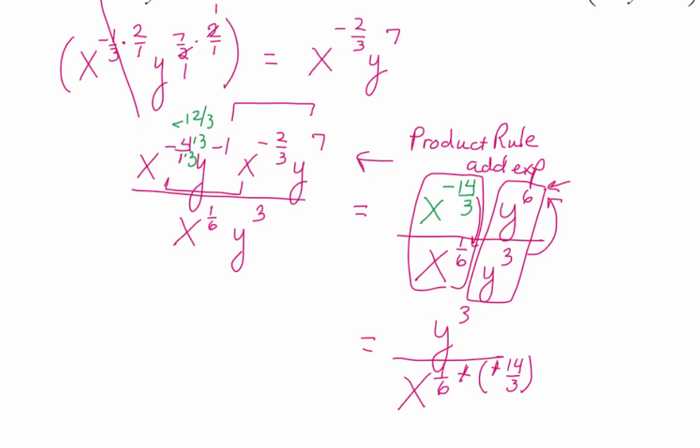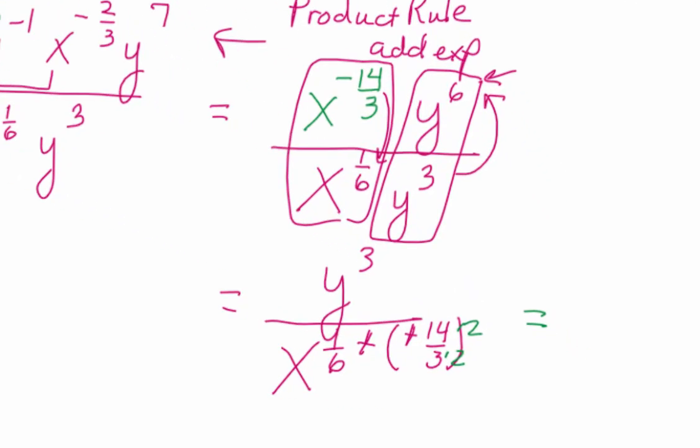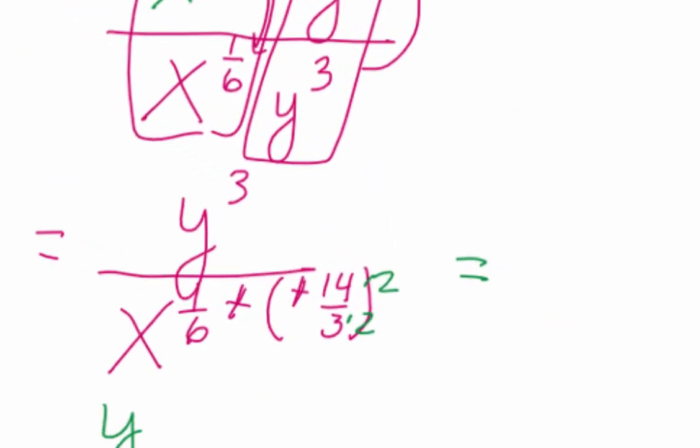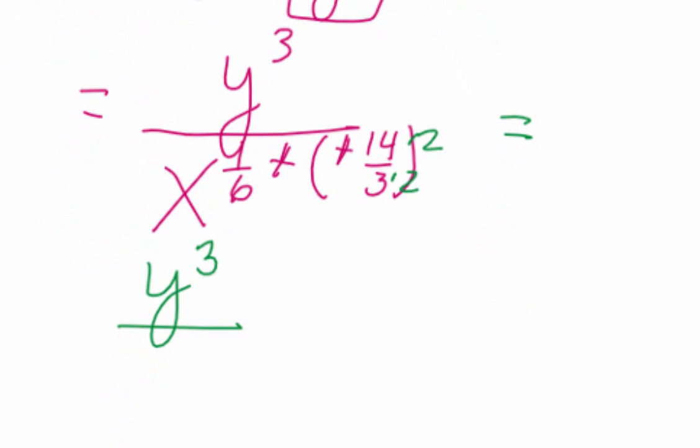So we have to change denominators again. Times 2 times 2, that's 28. Here's what we got. We've got y cubed from the top. X to the 28 plus 1, 29/6. Did you follow all that?